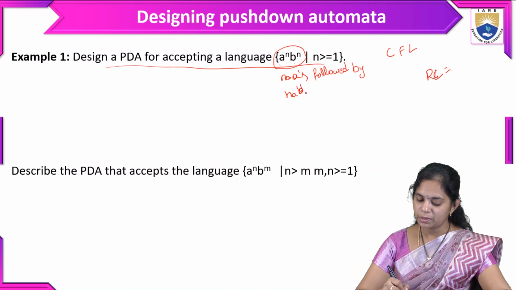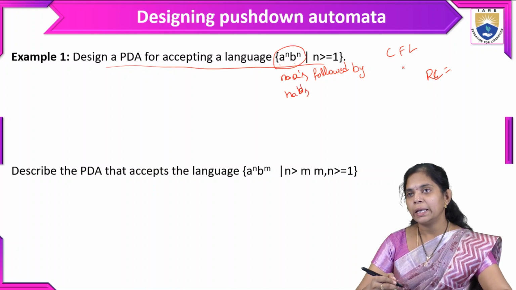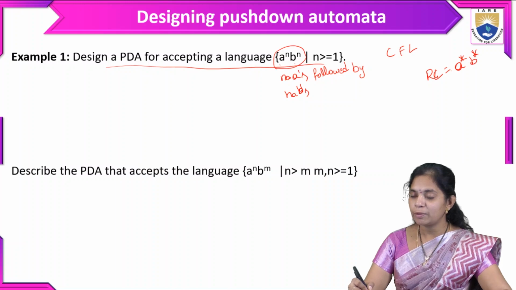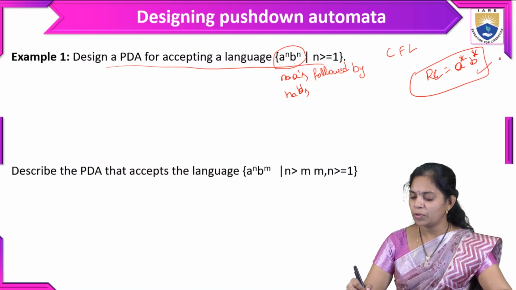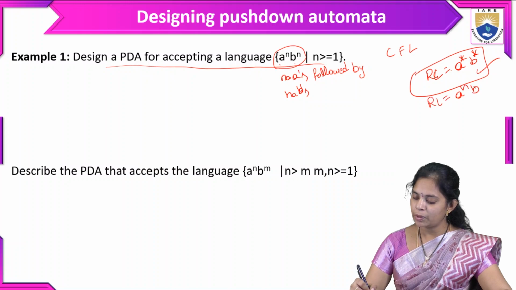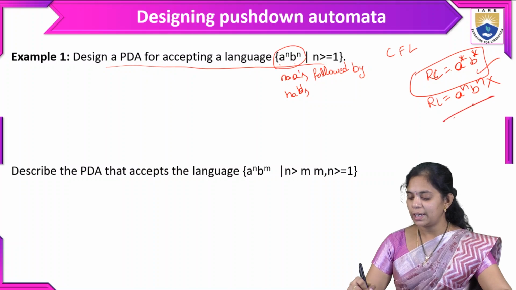In regular grammars we have examples like a power star and b power star, which happen in regular languages, but a power n b power n is not a regular language.